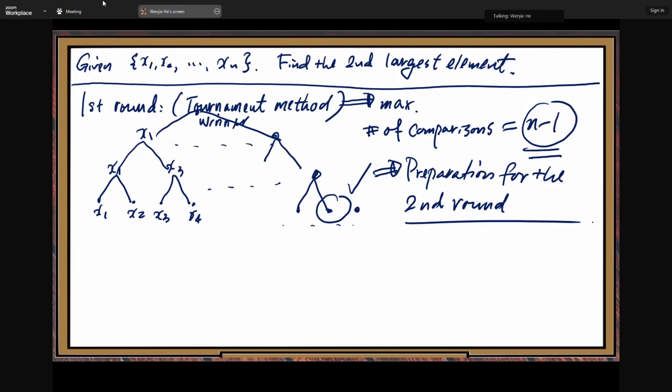When we do the second round, we still need to keep the information collected from the first round. Otherwise, if we throw it away, we do redundant comparisons, and we don't want to do redundant comparisons. So for that reason, in our second round, we need to inherit the comparison results from the first round.